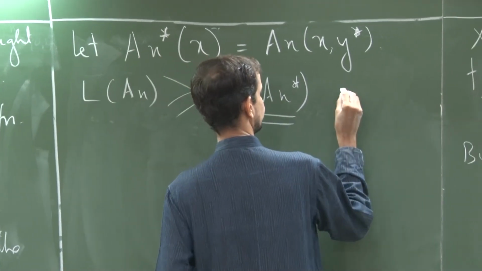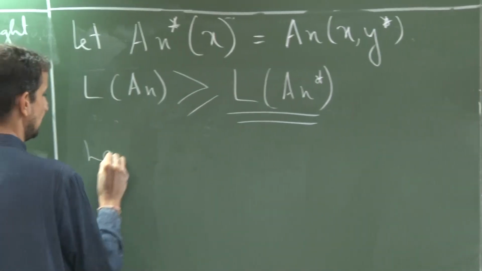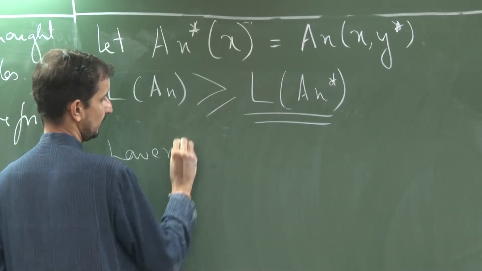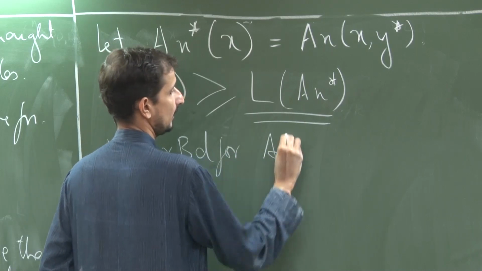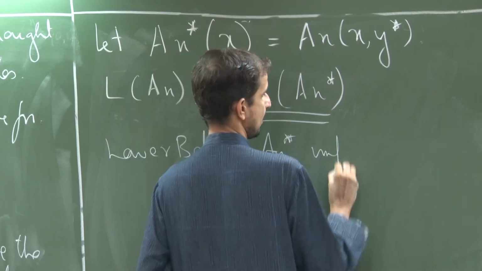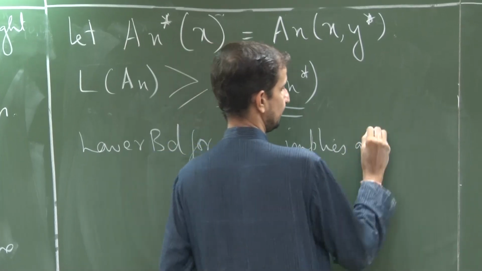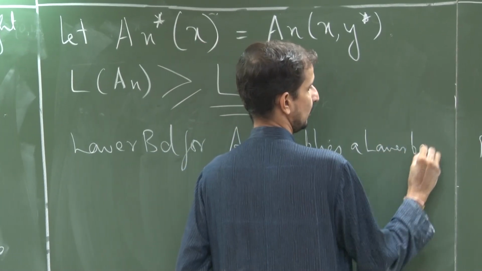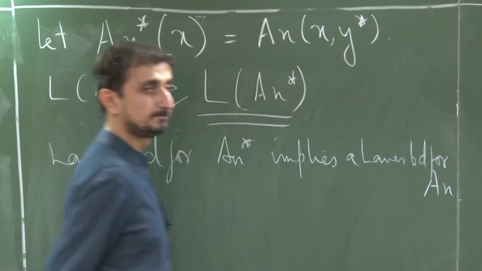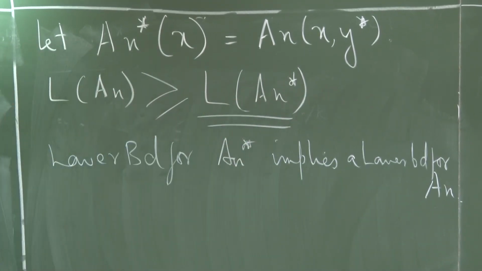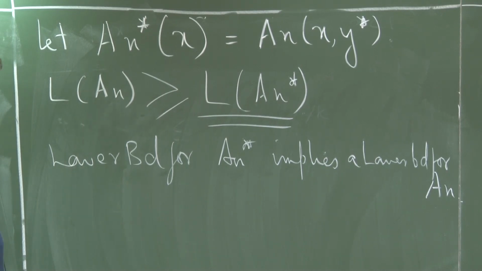Let me write this: a lower bound for a n star implies a lower bound for a n. Now, how can I get a lower bound for a n star? Let us understand the function a n star.